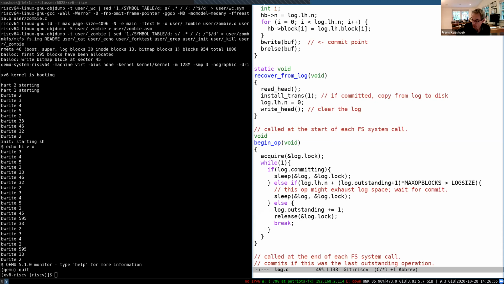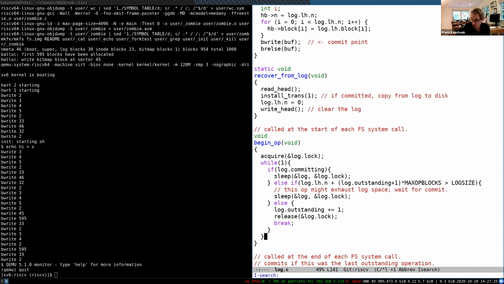If we're the nth concurrent operation that makes us go across the log size, we go to sleep and wait until all the preceding concurrent transactions are done. And if our entrance is allowed, we increase log outstanding by 1, and then we proceed and start doing file system operations.